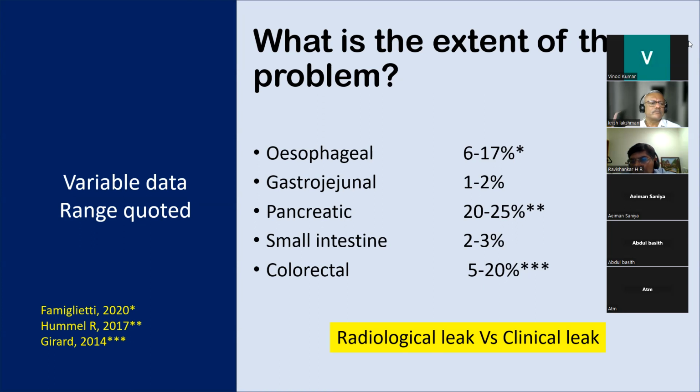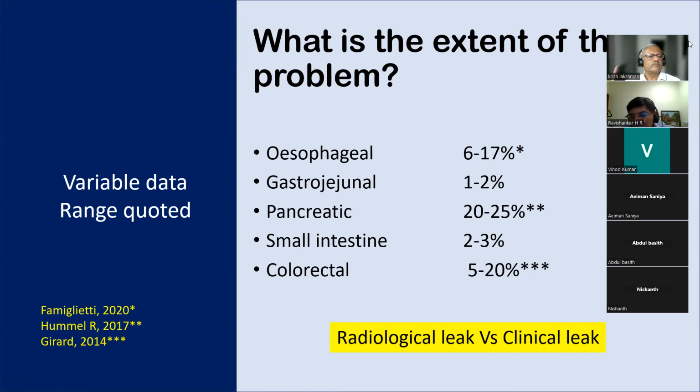Sir, regarding feeding, depending on the site of anastomosis, will you start the feeding? Obviously, I didn't go into all this in detail. If somebody has an esophageal anastomosis, you're not going to feed them straight away. But anything beyond the stomach, most of the things that I quoted refer to small bowel and large bowel anastomosis, and you start a soft diet.